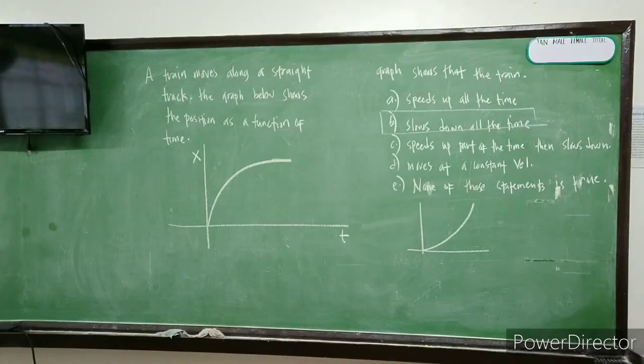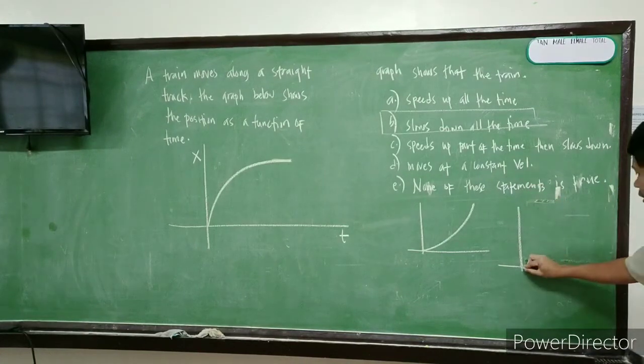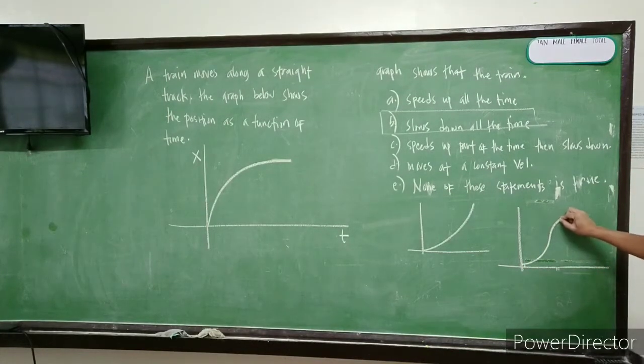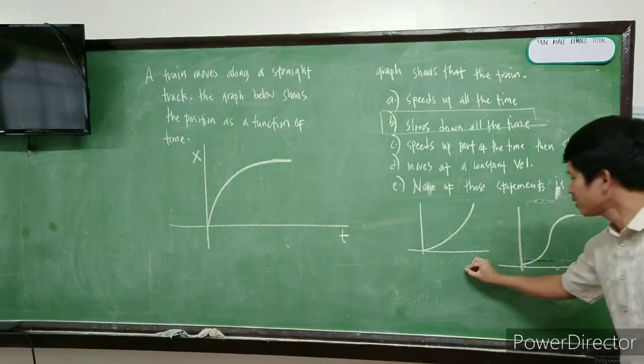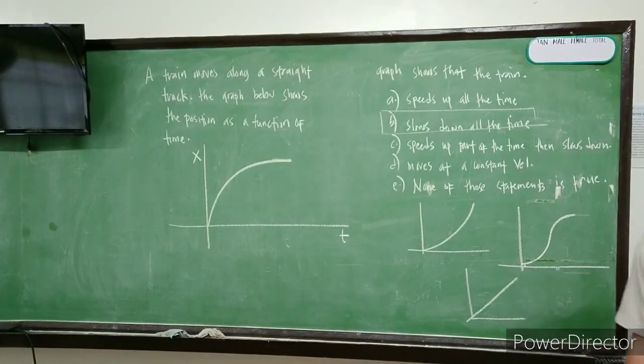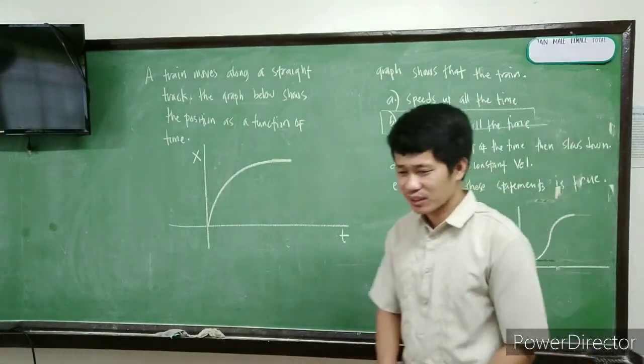I think this letter C would show this kind of graph. So speeds up part of the time, and then slows down part of the time. So ganyan siya. Okay. Moves at a constant velocity. Straight line. Okay?